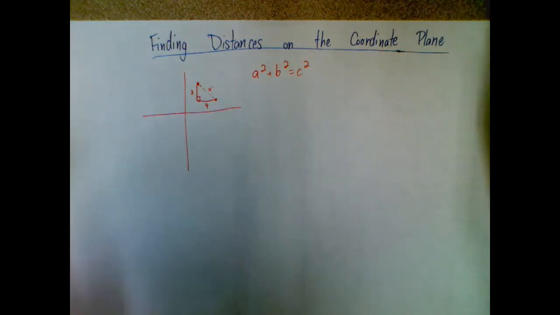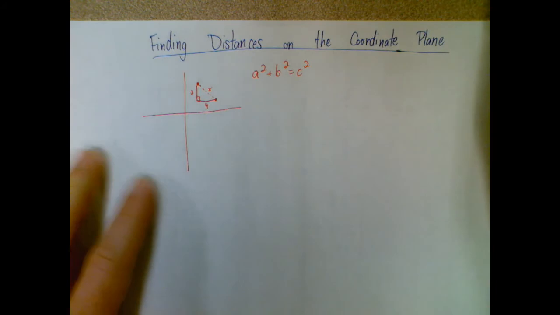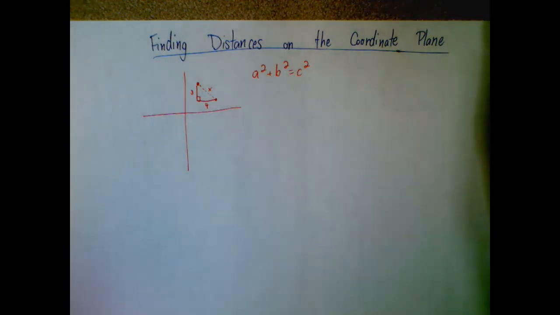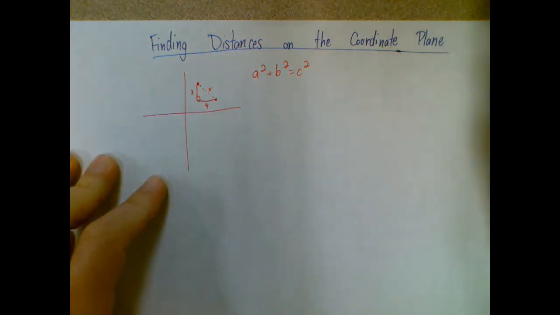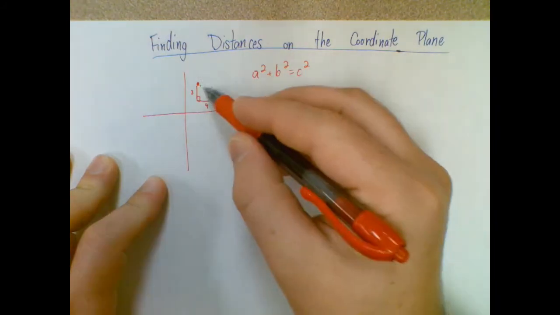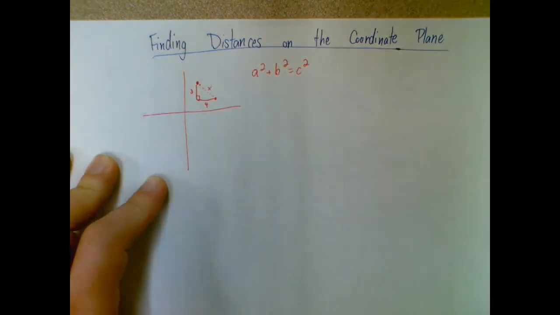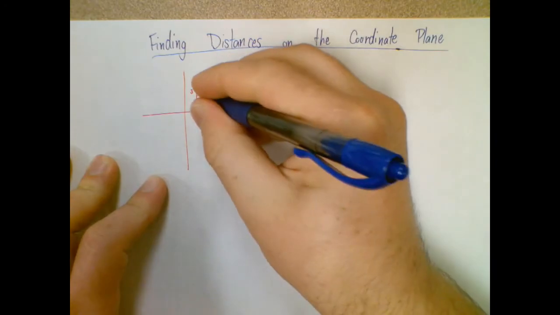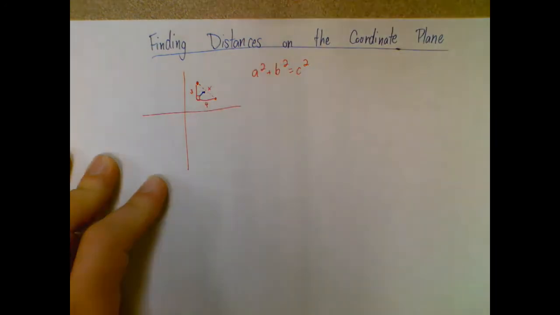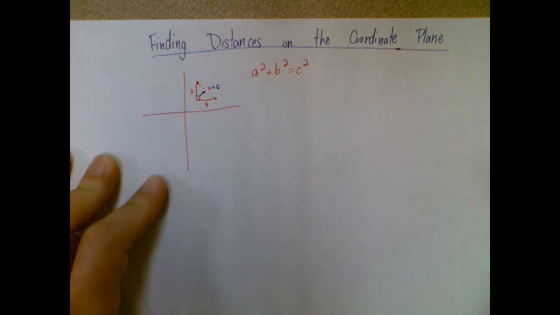Okay, it's a relationship between right triangles that relates all three sides, or specifically the length of all three sides together. So the key to this one is C has to be the longest side. It's the one that's opposite your right angle. So you start at your right angle, it's the one that doesn't touch it. So this one has to be C. The other two don't really matter that much.